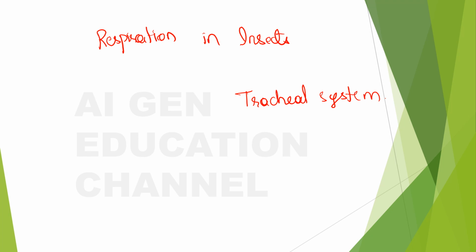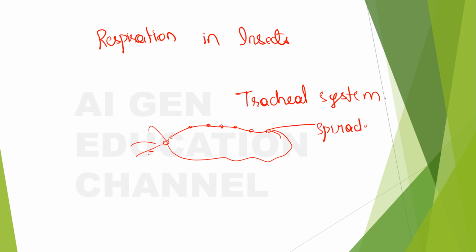Now consider, I'm sorry, I'm very bad at drawing, that this is an insect. On the insect body you can find tiny holes. These are called spiracles. Through the spiracles, air either enters or comes out.